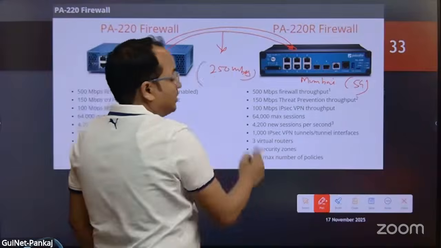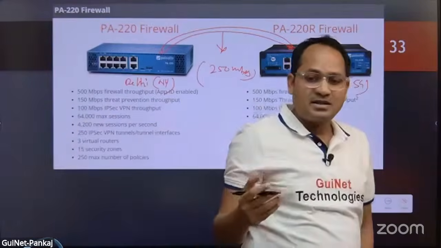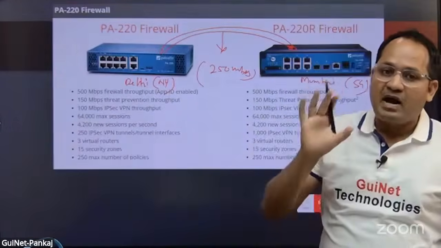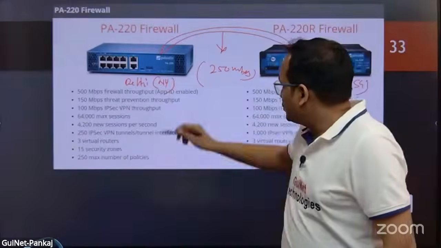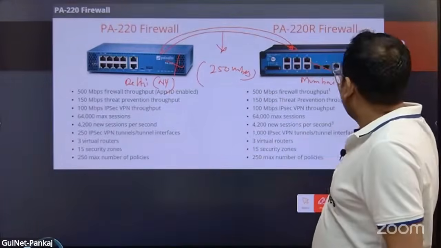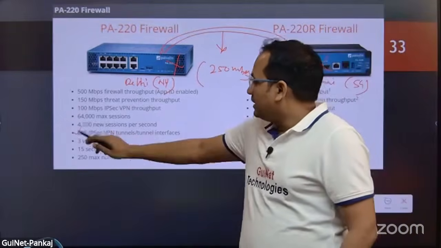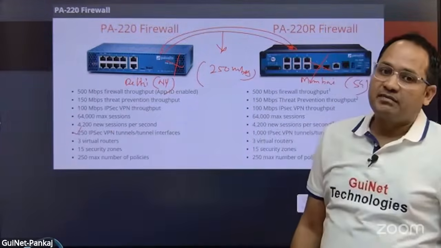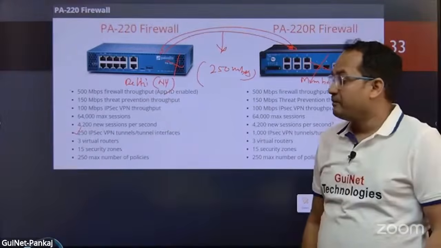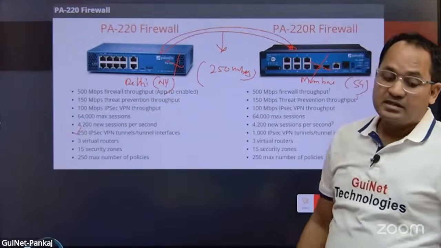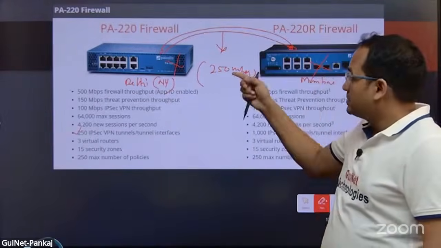So you can think, if your business requirement is to send 500 Mbps traffic via the tunnel, this is not useful. These firewalls are not useful because they can only send 250 Mbps traffic from one location to another. Clear? That's the restriction we have in this particular firewall.